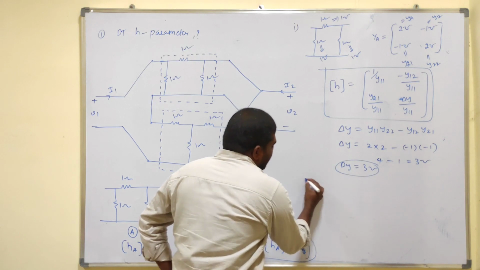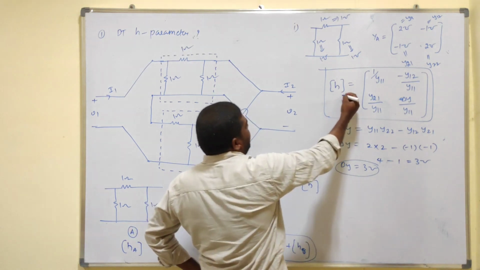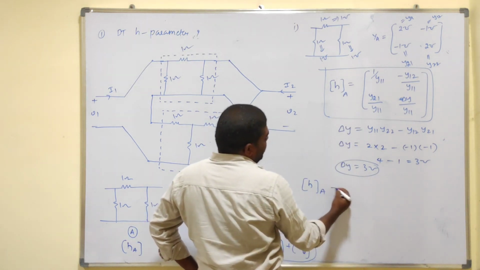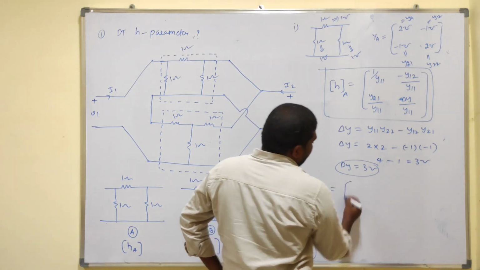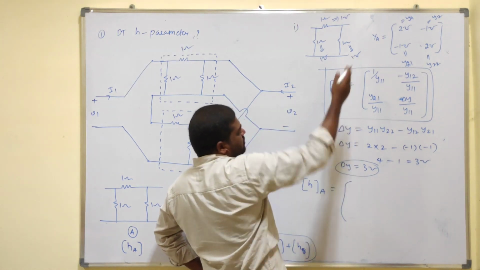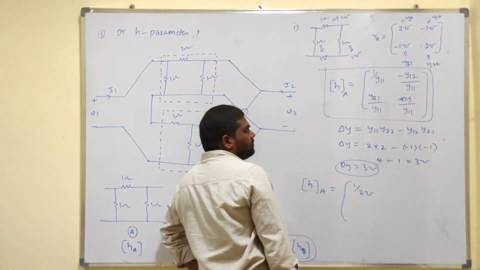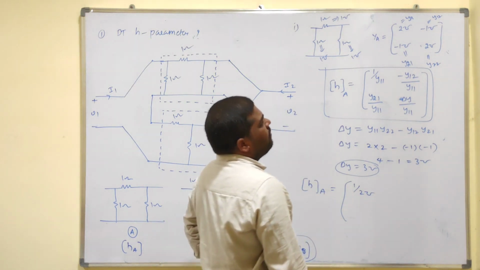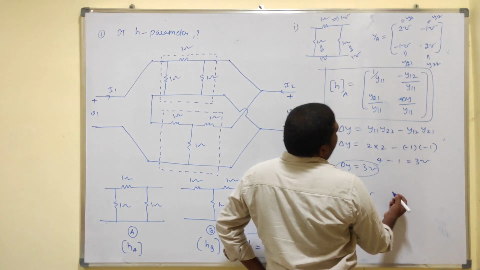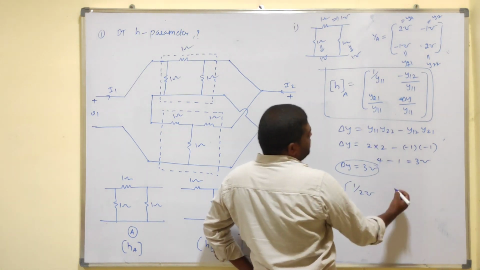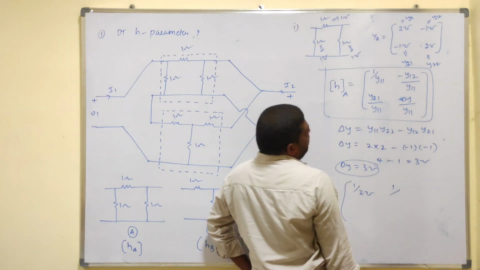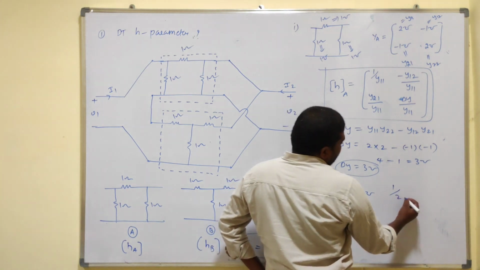Now the H matrix, that is HA, equals, now tell me, 1 by y11 equals what? 2 mho, so 1 by 2 mho. Next, minus y12 by y11: minus y12 equals minus into minus, so plus 1 by y11, and y11 equals 2 mho.